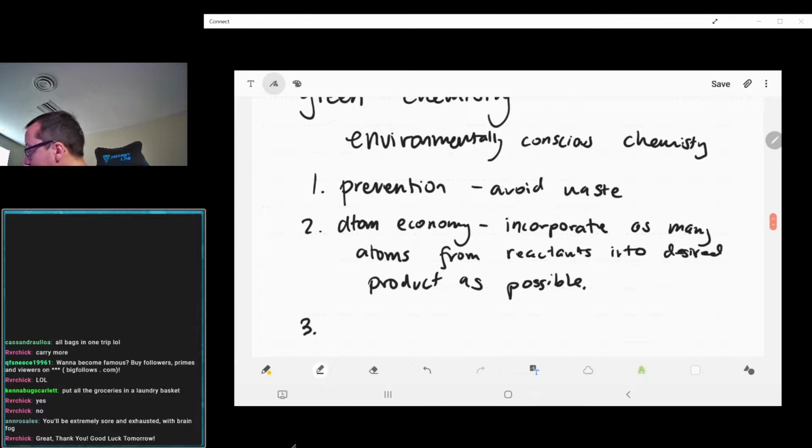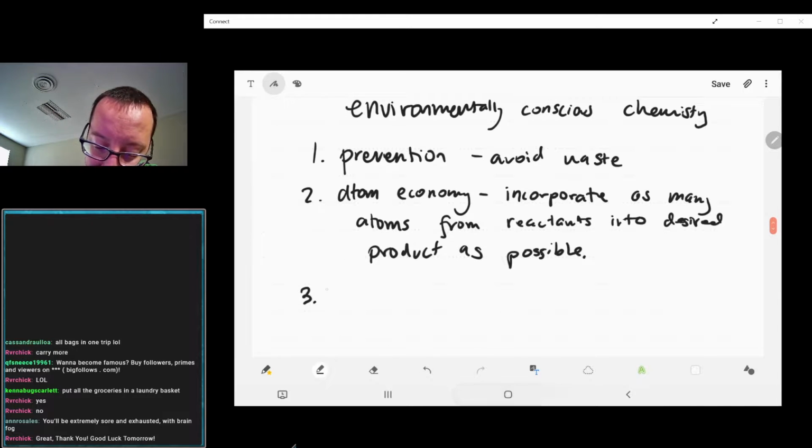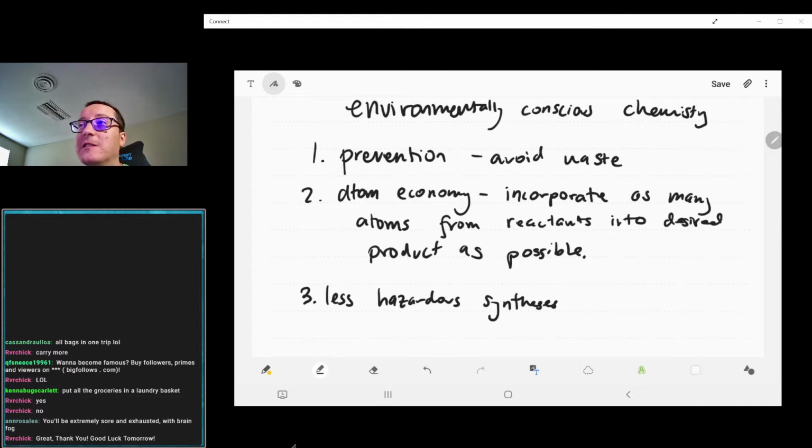Next one we have is having less hazardous syntheses. That means using safer solvents and safer reactants, ones that are not extremely explosive, or that don't require a glove box or special handling.